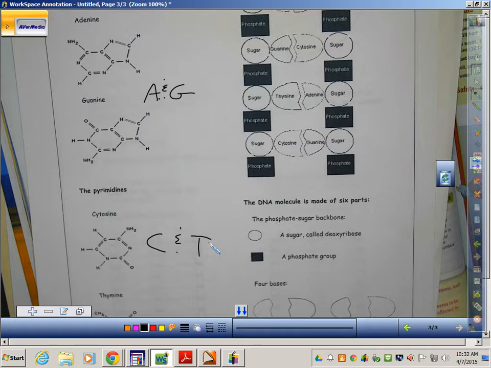Purines are bigger than pyrimidines, right? Imagine two big ones next to each other. We'd have a bubble, right, in DNA? And then if we had two little ones, we'd have an indentation. This keeps everything balanced and equal. The side chains are the same. What is DNA made out of? Monomers called what? Nucleotides. Okay? The sides are held together by covalent bonds, the middle weak hydrogen bonds.